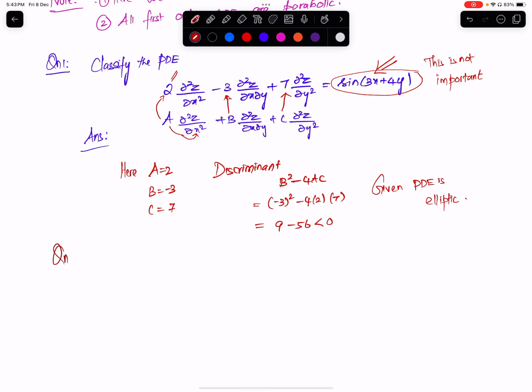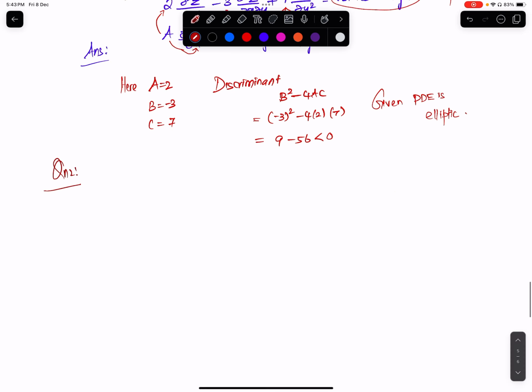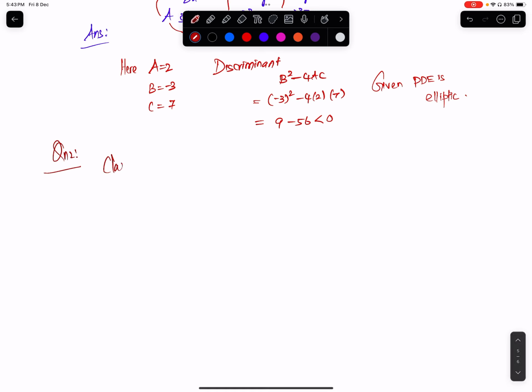So question number 2. Classify. I do one more question. Classify 3 ∂²z/∂y² plus 4 ∂²z/∂x∂y equal to e^(x+7y).